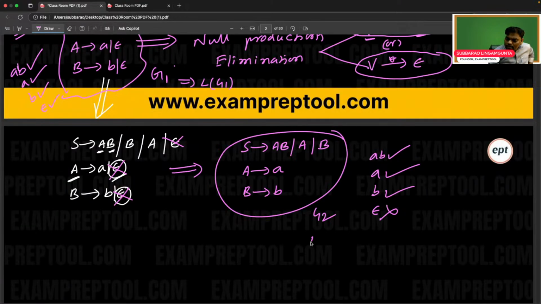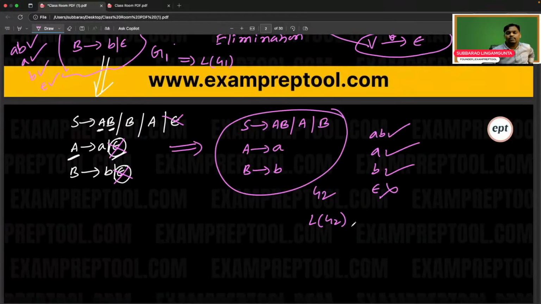and the language of G2, either both will be equal or epsilon is the difference. Maximum difference can be epsilon. You may ask who has epsilon and who doesn't.